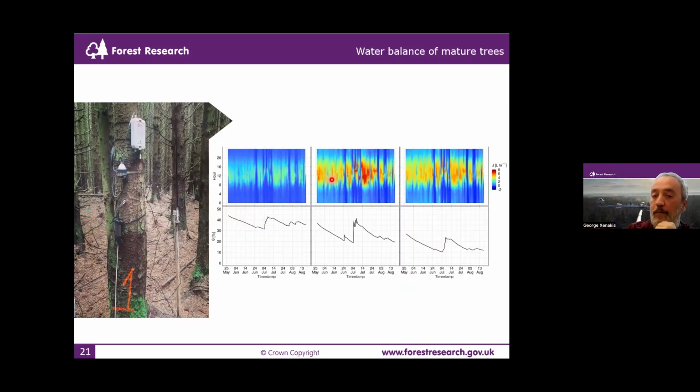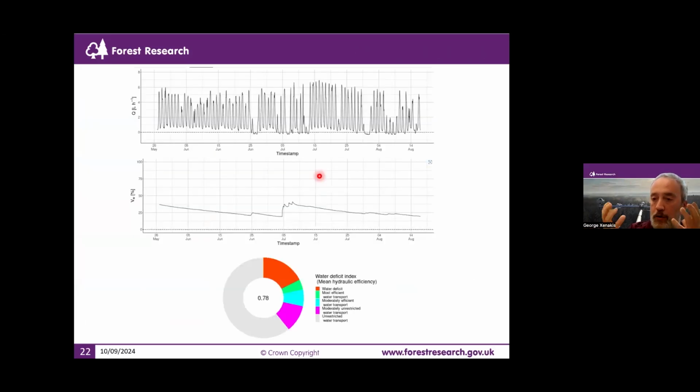And so we can see both the variability within the day and also within time. And when we put all this information together, again, we can put them as a single unit, as a single index, where we can say whether these trees have been stressed or not.